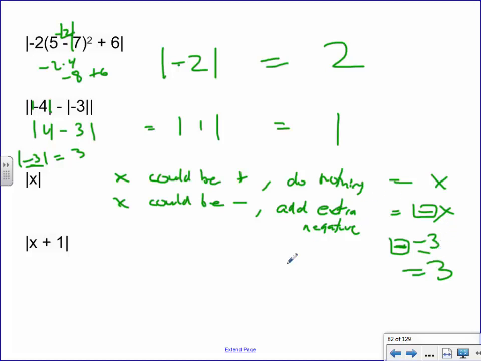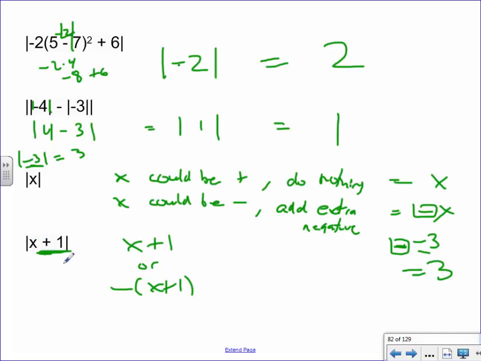Let me show you another one here. This guy right here, there's actually two answers. One of the answers is x plus 1, and the other answer is negative x plus 1. You follow that idea? Say that this was positive. Hypothetically, this is positive.